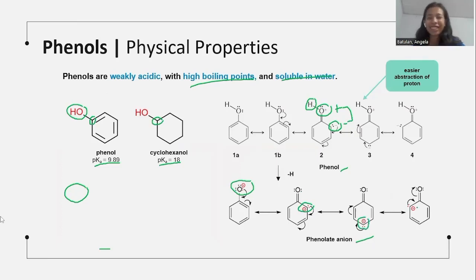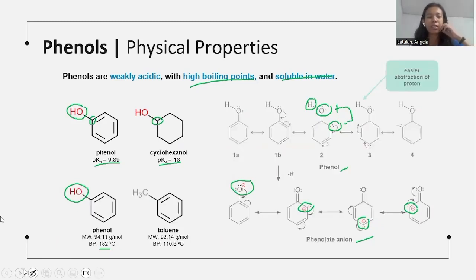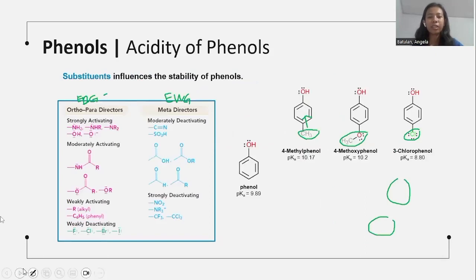Kaya yung hydroxyl group, siya ay ortho and para directing group. Kasi na-enable niya yung electrophilic aromatic substitution dun sa ortho and para na location ng ring. Ayan.